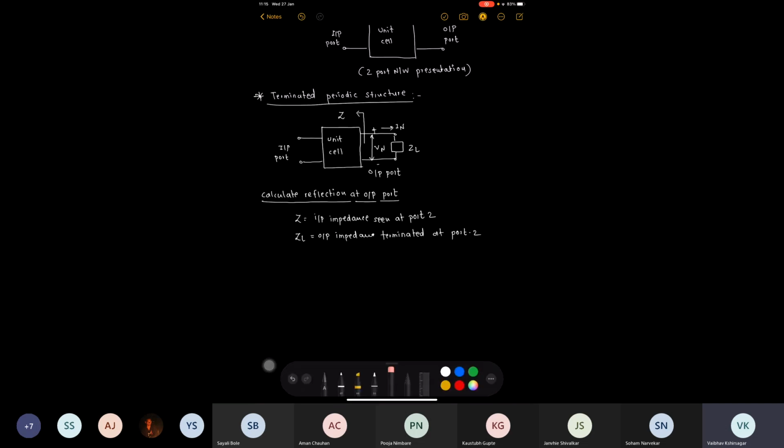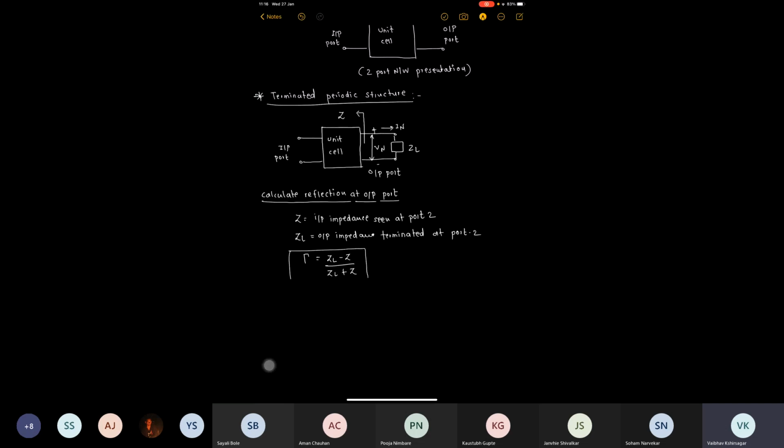It is given as gamma equal to (ZL minus Z) upon (ZL plus Z).